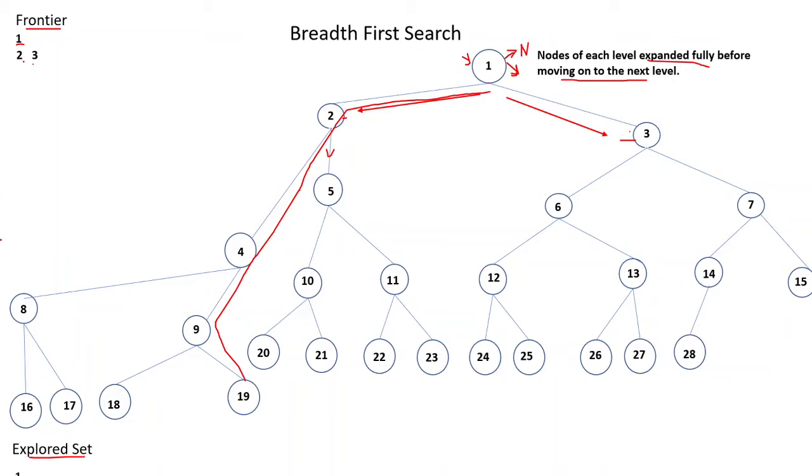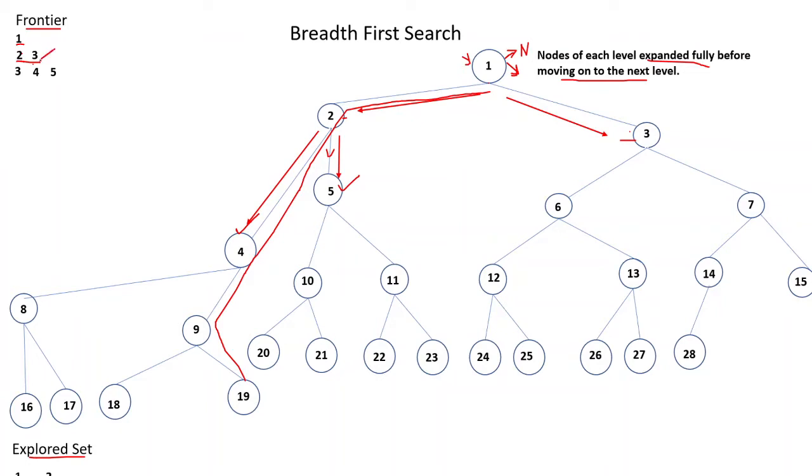Now the exploration of the nodes in breadth first search happens in the order of a queue. That is, in the frontier list, there are two nodes, node number 2 and 3. Since 2 was first added to the list, 2 will be the first node to be explored. So by exploration, as we know, the successors of node 2 are found out, that is node number 4 and node number 5, and these two nodes will be added behind node number 3.